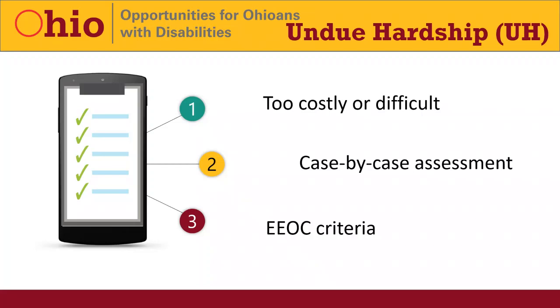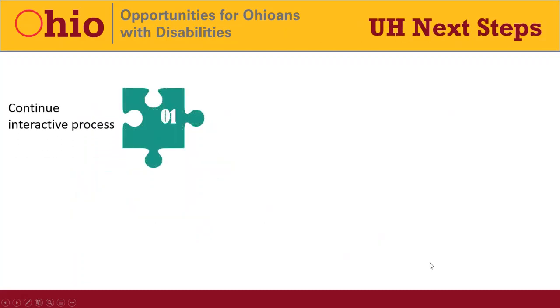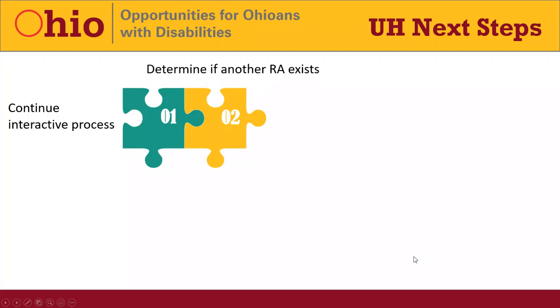So when an accommodation results in an undue hardship, what happens next? Dennis, the interactive process should continue between the employee and the employer to determine if another accommodation exists that is effective and reasonable. The process doesn't stop just because one effective solution causes an undue hardship.